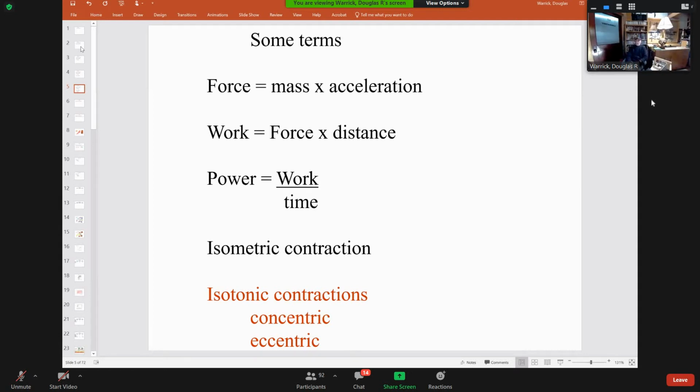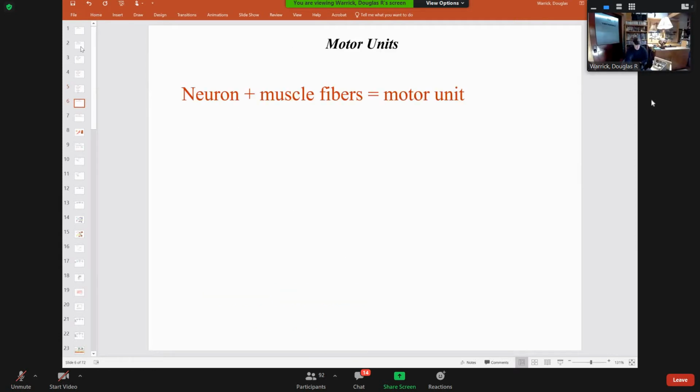But at a molecular level, exactly how the energy is released and how that works with the myosin heads is a curious and difficult phenomenon to think about. But suffice it to say, it works, which is important, and we'll leave it at that.